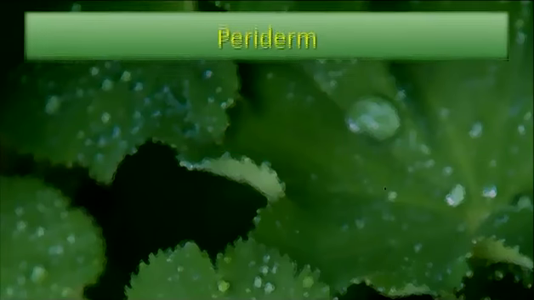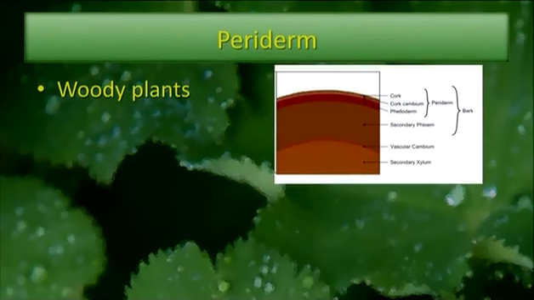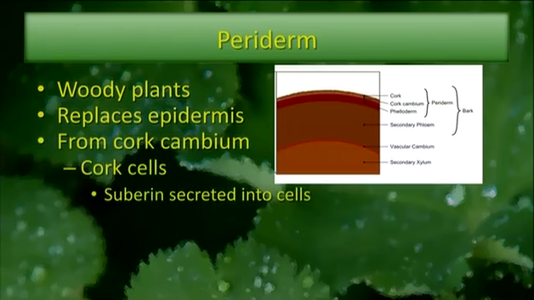Now the periderm occurs in woody plants. In woody plants it replaces the epidermis because the epidermis is sloughed off as the plant grows more and more in girth, or in width. And this periderm comes from the cork cambium.